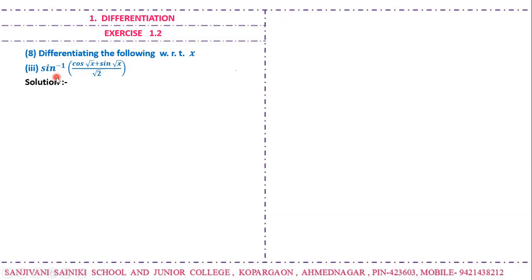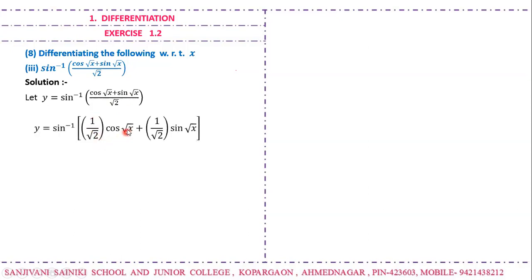Next function: sin inverse of cos root x plus sin root x upon root 2. Also the same, divide the numerator separately by root 2. So 1 by root 2 cos root x plus 1 by root 2 sin root x. Now here also there is sin inverse, so here we must have sin alpha cos root x plus cos alpha sin root x.